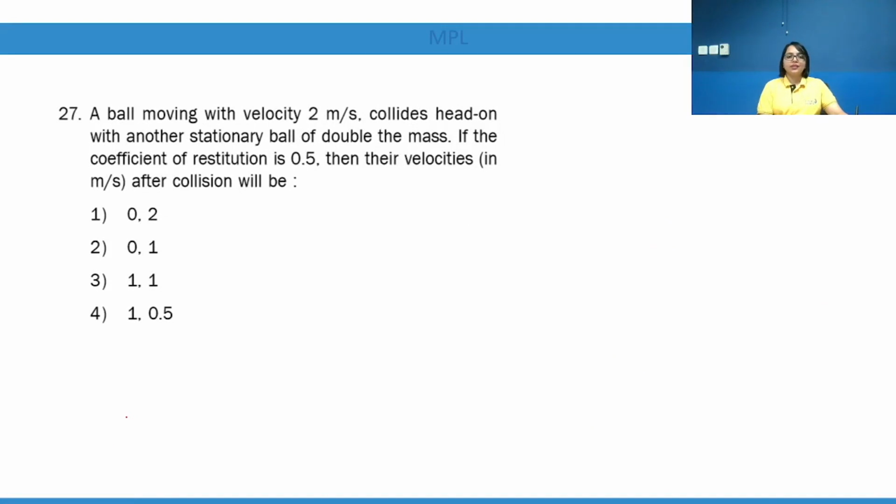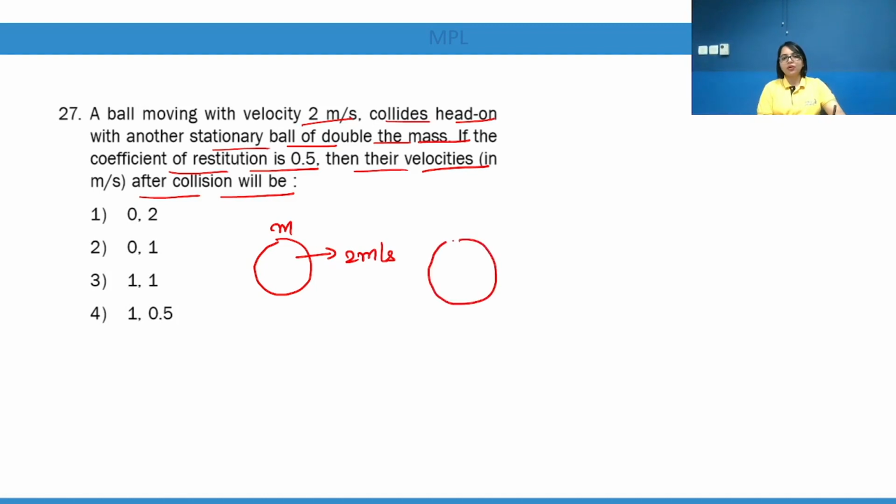Question number 27. A ball moving with velocity 2 meter per second collides head on with another stationary ball of double the mass. If the coefficient of restitution is 0.5, then their velocities in meter per second after collision will be. So we have a ball of mass m. It is moving with 2 meter per second. It collides head on with another stationary ball of mass 2m, right?